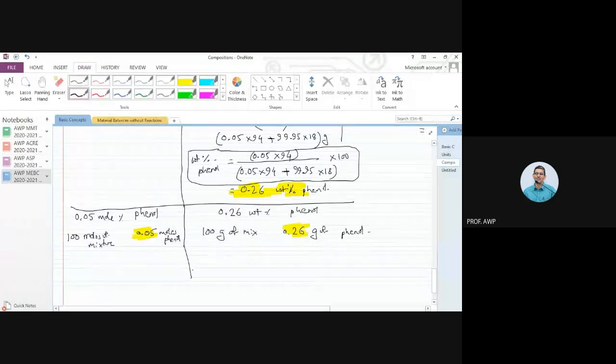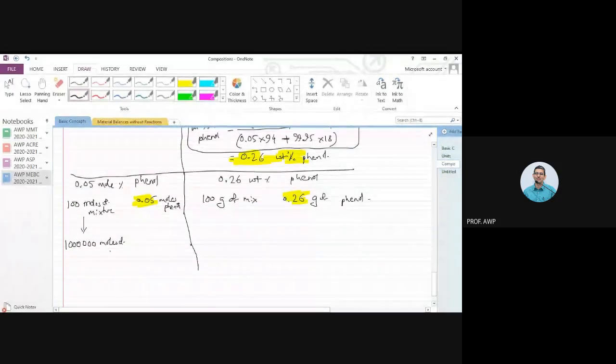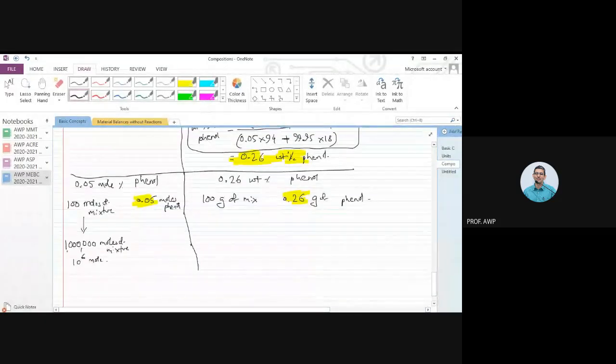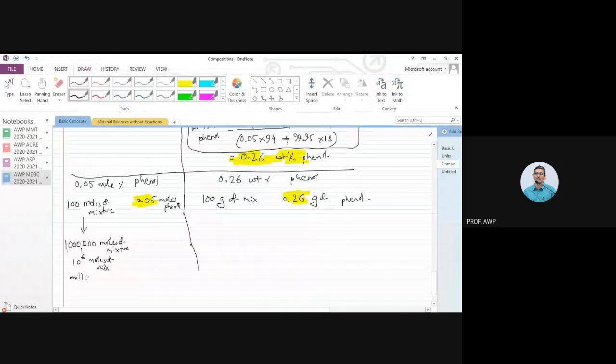Right? And then somebody may make an error in understanding, writing, or hearing. So rather than talking about 100 moles of the mixture, what if we talk about 10 raised to 6 moles of mixture, or a million moles of mixture?